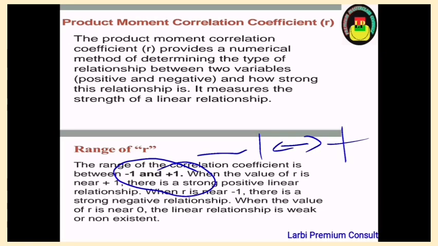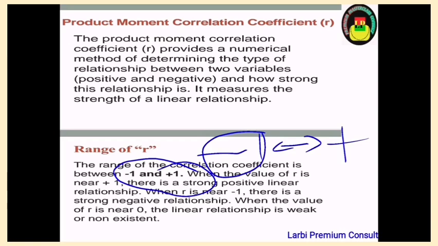But if it is farther away from a positive 1, then it is a bit weaker, not necessarily weak. You get some weak correlation between the two variables. So that one can be a weak positive correlation. But if it's farther away from -1, then it's also a weak negative correlation in that case.